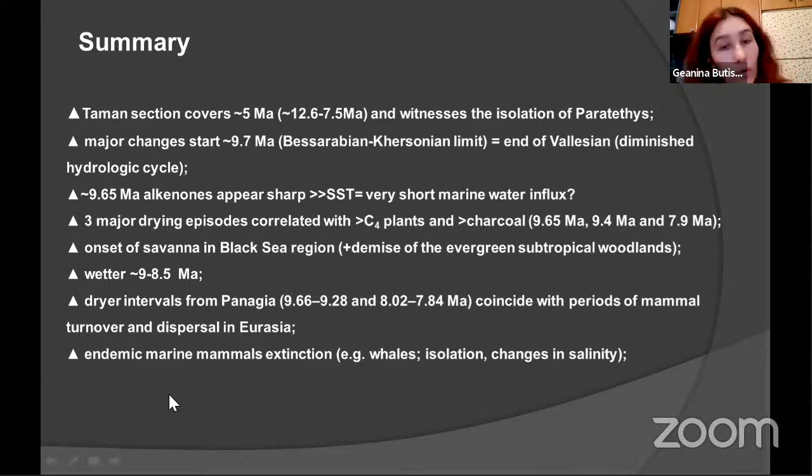And another very important point close to my heart is the situation of the marine mammals that populate the Paratethys. Because of all these changes in connectivity and salinity, whales and dolphins and other big animals that were thriving in the Paratethys before start to enter into decline.